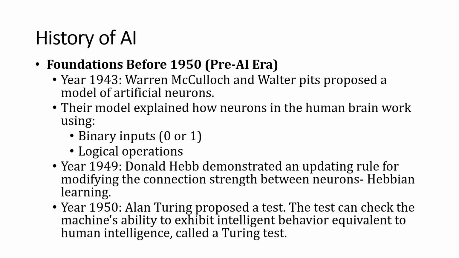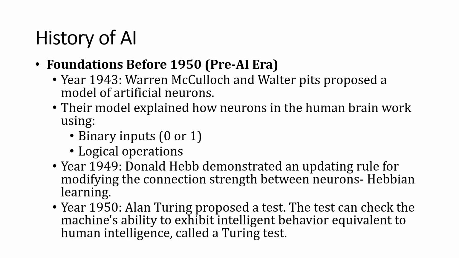The human brain consists of neurons, and McCulloch and Pitts showed that a neuron can be modeled using logic and mathematics. So a neuron can perform basic operations like AND, OR, NOT, meaning logical operations. This proved that thinking can be represented computationally.